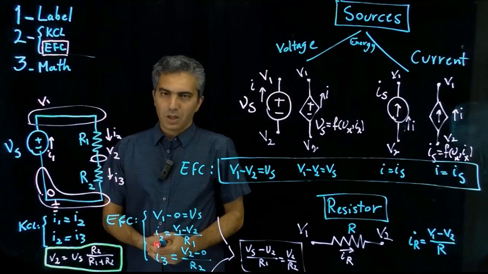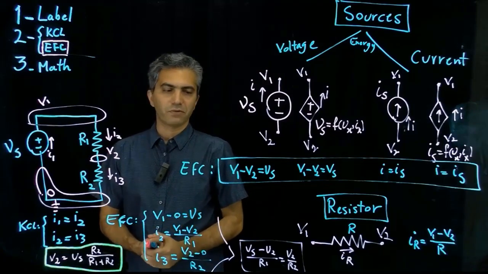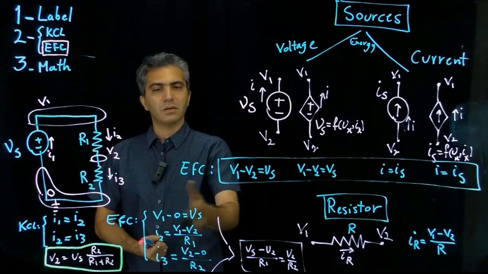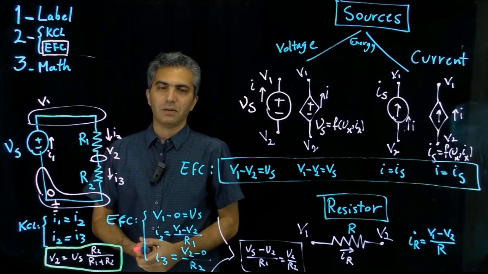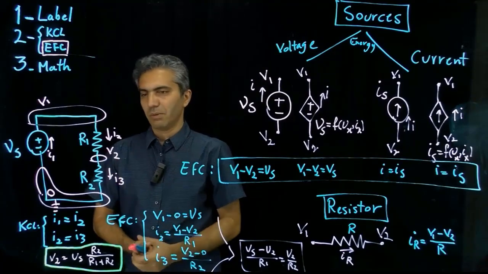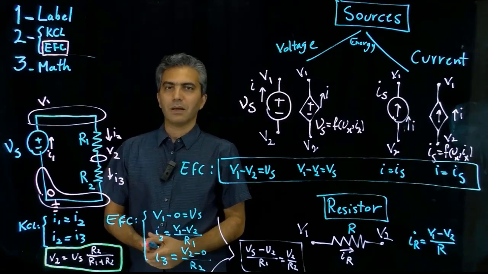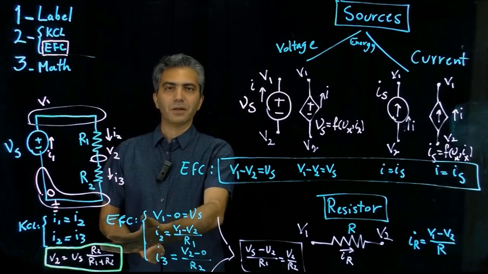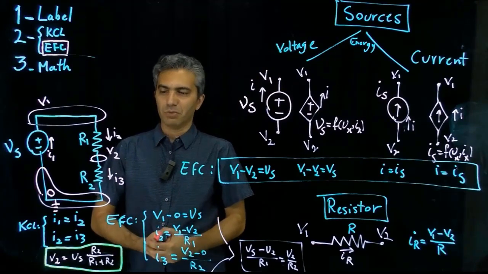I do not recommend remembering these equations, but I'm sure if you repeat this analysis often enough, eventually you're going to remember this, and that might be something useful to remember if it's natural, as opposed to just trying to memorize it.